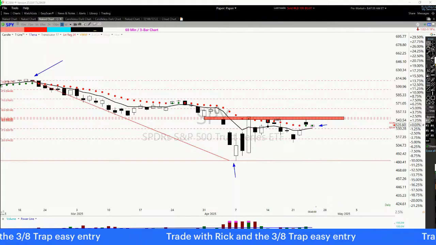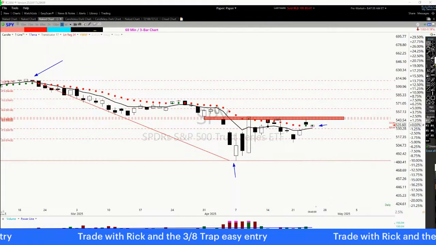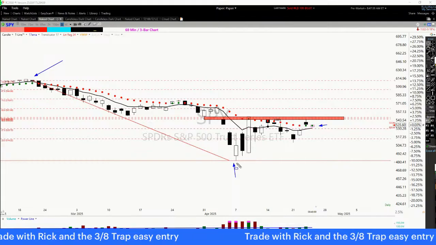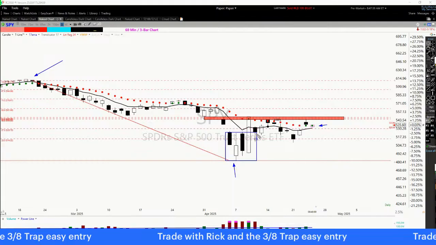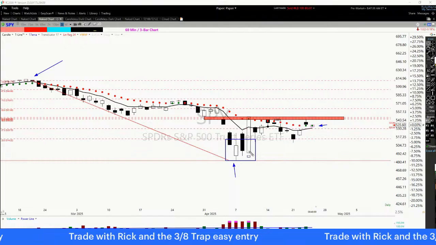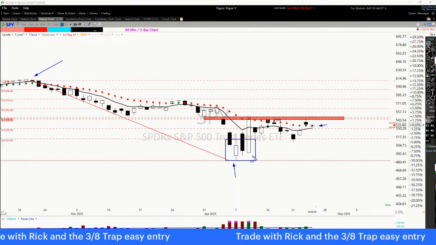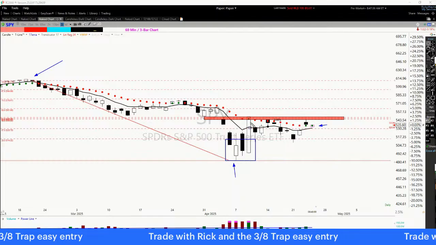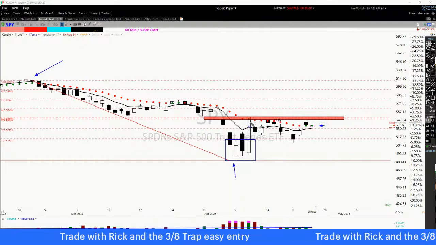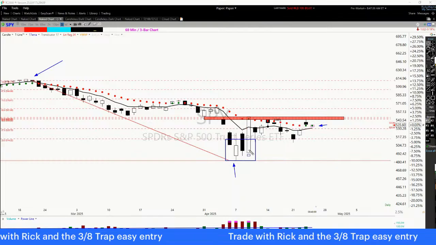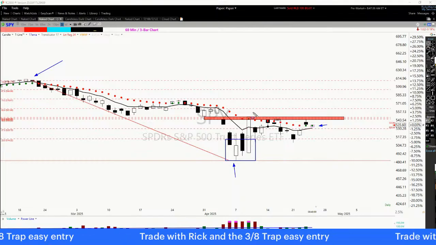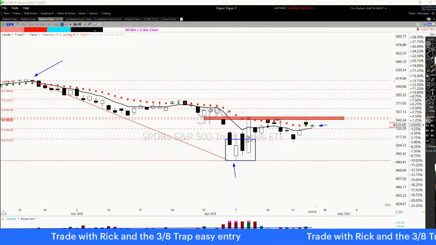Now, I personally think that we've put in a pretty decent little bottom right through here, right through there. I like that. Now, I know that this day was just short covering, news announcement, fear, that sort of thing. Get out of the shorts. We're going to take right off.